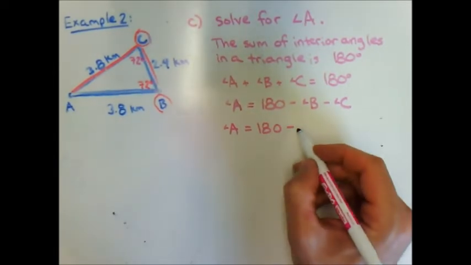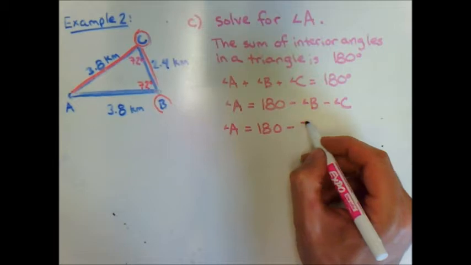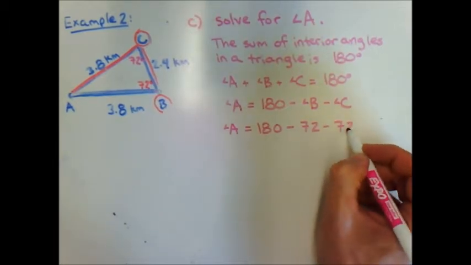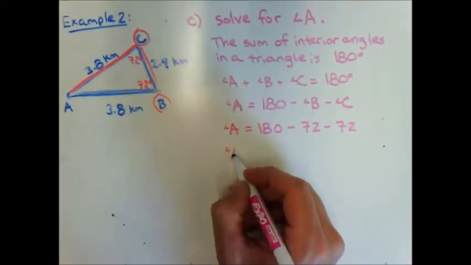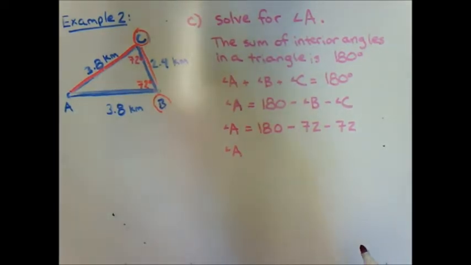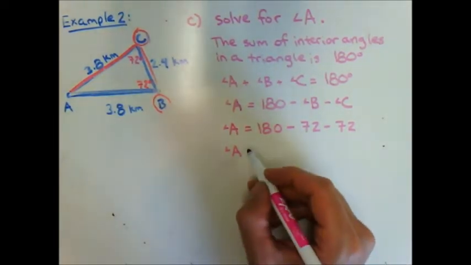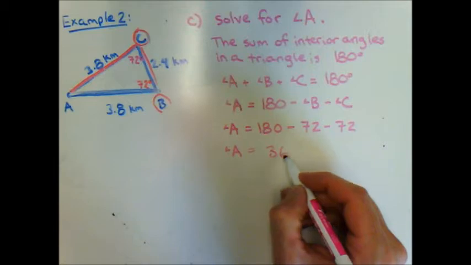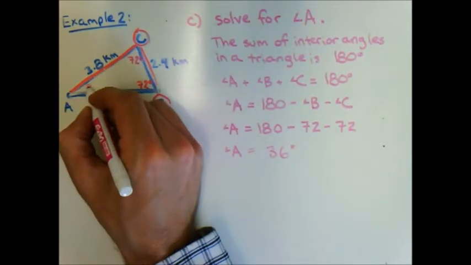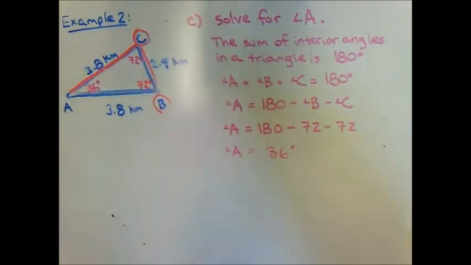Angle A is equal to 180 minus 72 minus 72. That's 180 minus 144, which leaves us with a measure of angle A of 36 degrees. This triangle is solved.